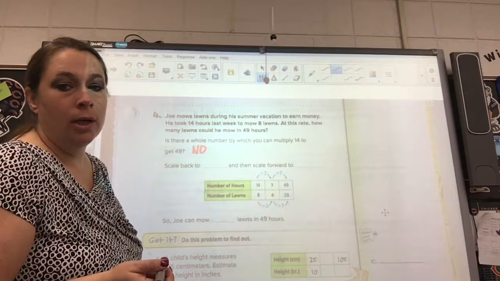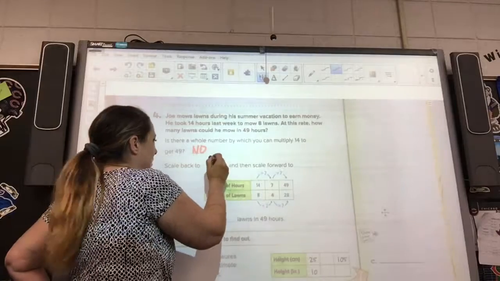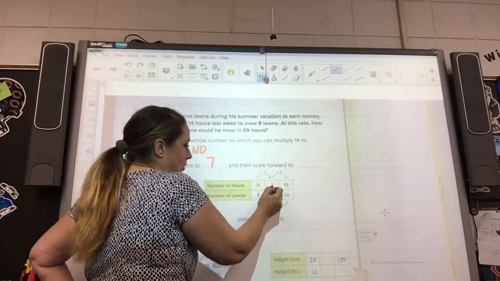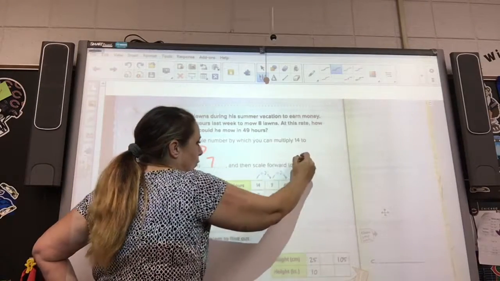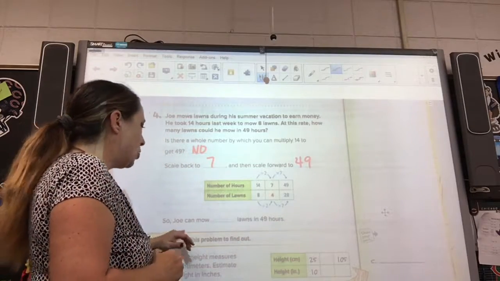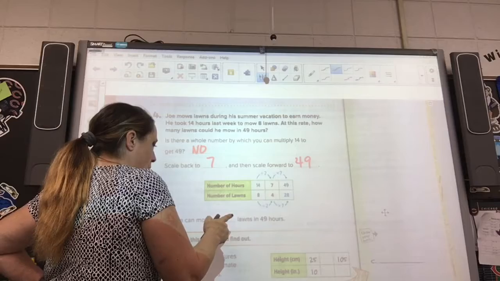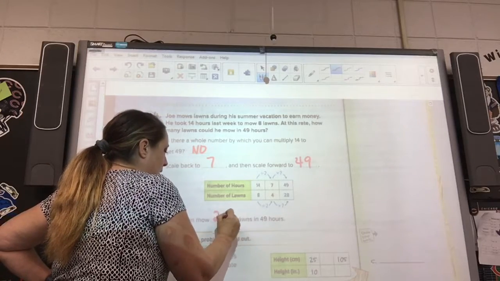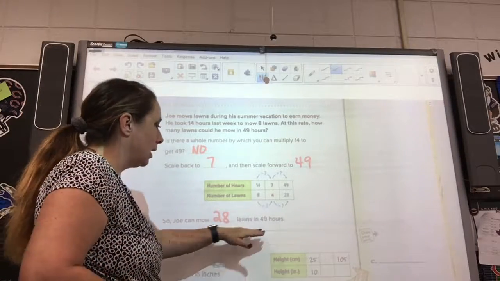So we scale back to 7, divide by 2, scale back to 7, scale forward to 49. So now Joe can mow 28 yards or lawns in 49 hours.